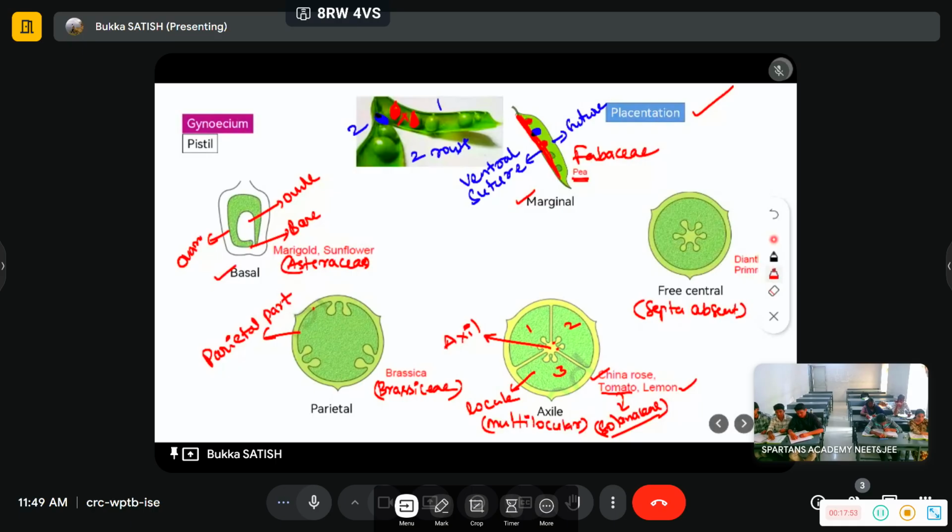Okay, so this is the central axis to which ovules are attached, but no septa. Free central placentation. You can see this in Dianthus and primrose.